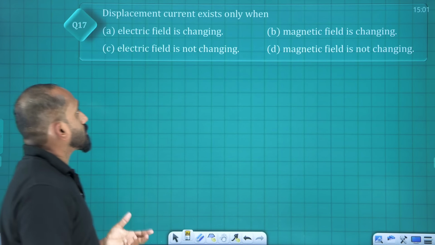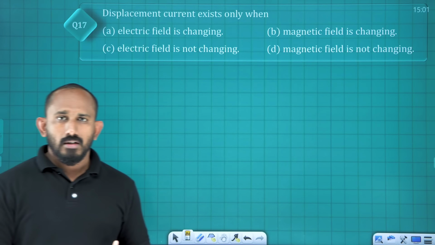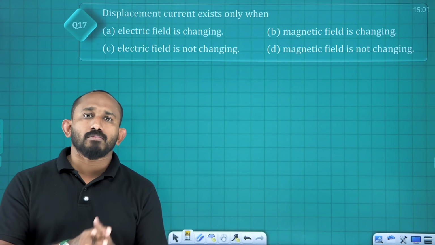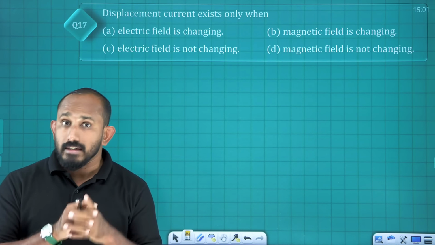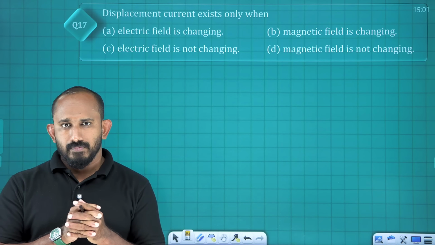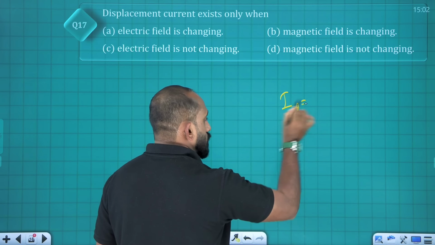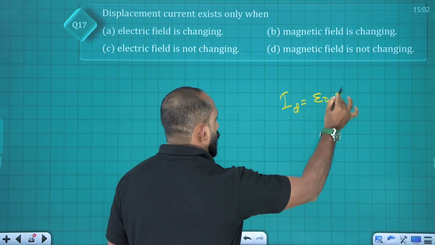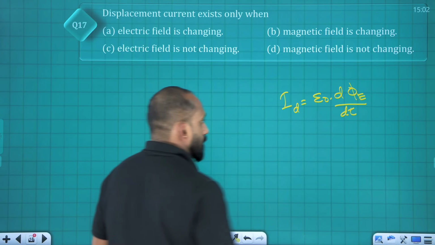Displacement current exists only when? The displacement current concept is actually the basics of electromagnetic waves. The scientist Maxwell put forward the concept of displacement current. We studied that the displacement current I_D is equal to epsilon 0 into d phi E by dt.